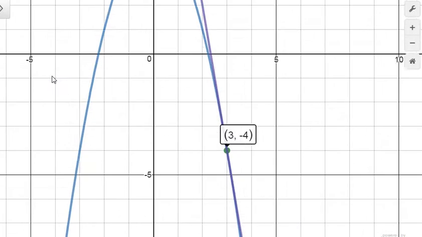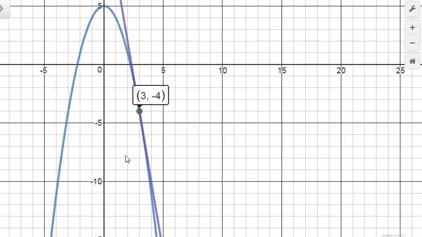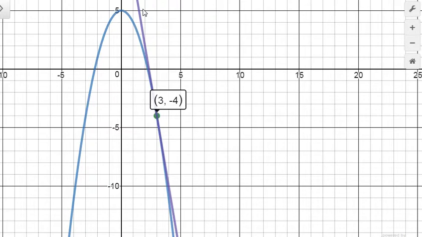So that's looking pretty good. There we go. So the tangent line just touches it right there and then kind of skips on past. So that's pretty good confirmation that we did everything right. I don't think things are going to line up quite so nice and neatly if we made a mistake someplace.